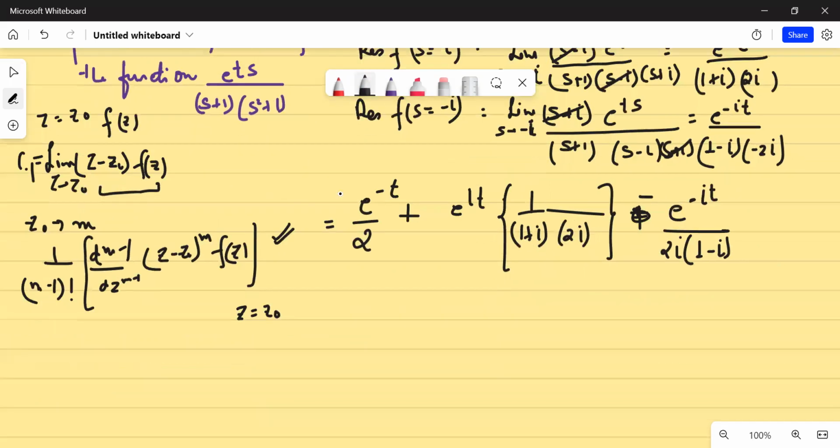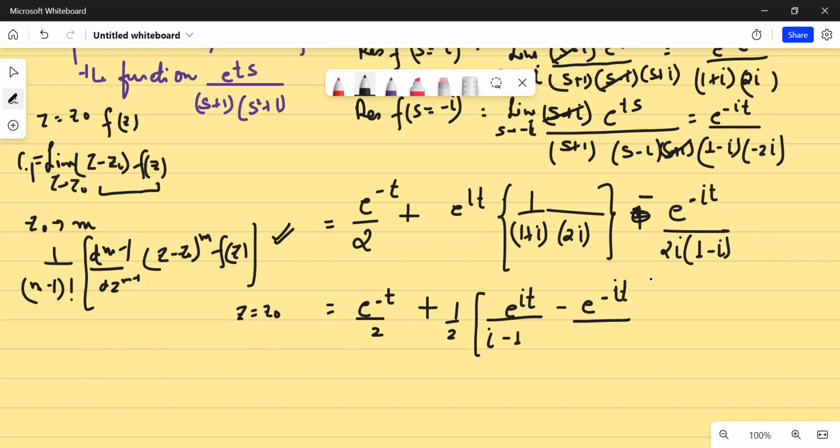And finally, this is equal to e to the power minus t by 2 plus, taking 2 common out, e to the power iota t divided by (iota minus 1), minus e to the power minus iota t divided by (iota plus 1). Here 2 has been taken common, so don't worry about it.